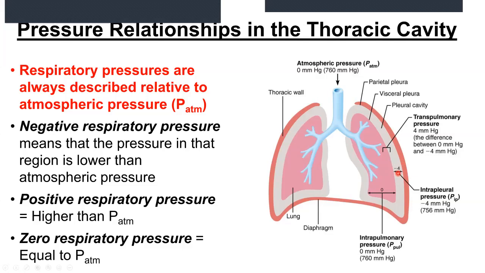So if atmospheric pressure is 760, 4 below that is 756. So even though I'm calling it negative pressure, a pressure of -4, really what that means is that it's just 4 below our atmospheric pressure of 760. And then of course, positive respiratory pressure would mean that it's above atmospheric pressure, okay? So I just wanted to clarify that before I get too far into this.